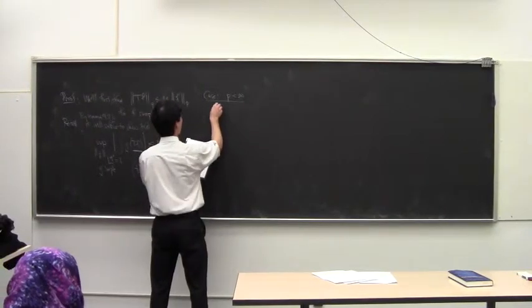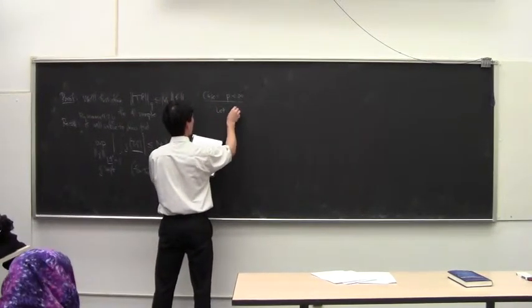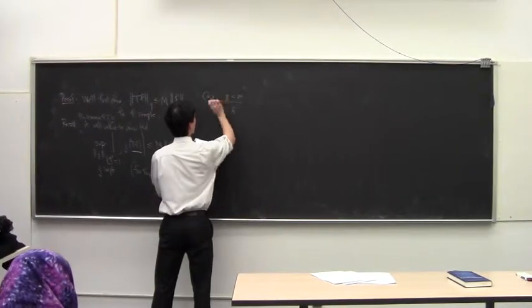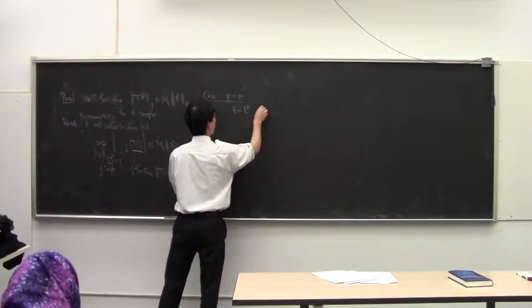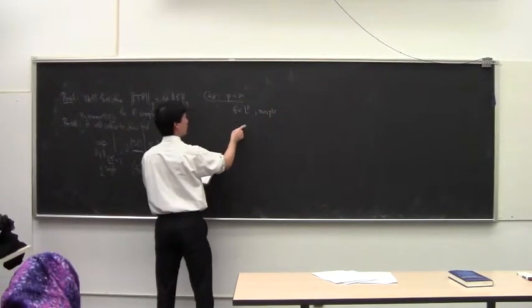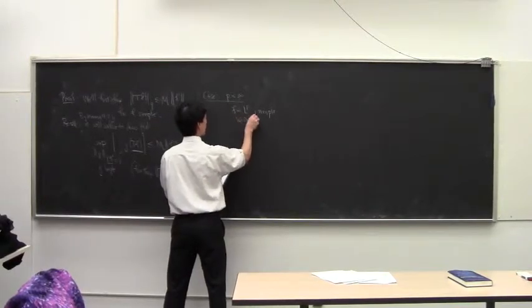Here it is. Without loss of generality, let F be in LP, a simple function, and we can assume that the LP norm is 1.